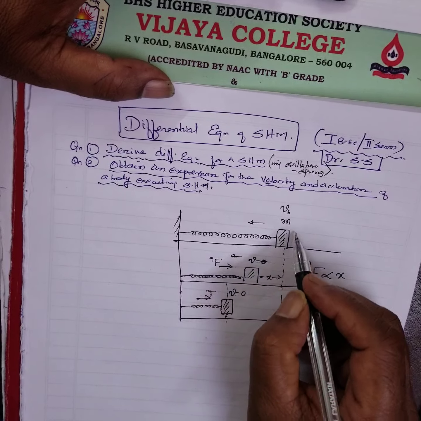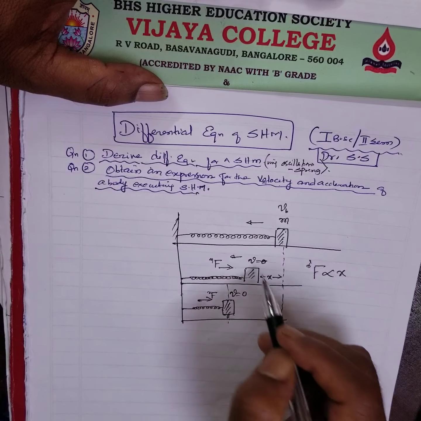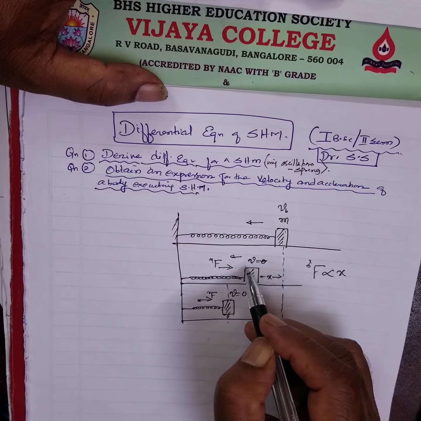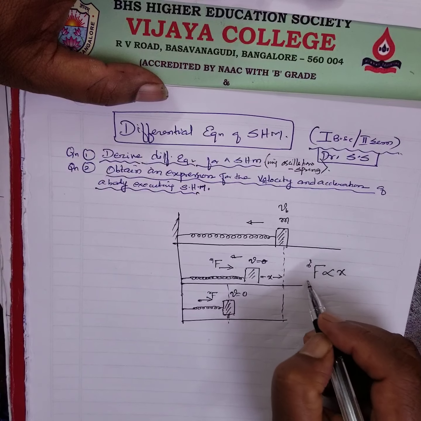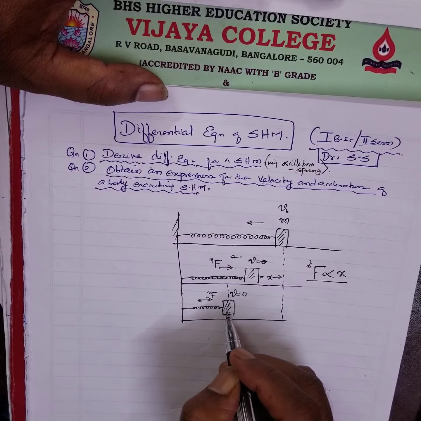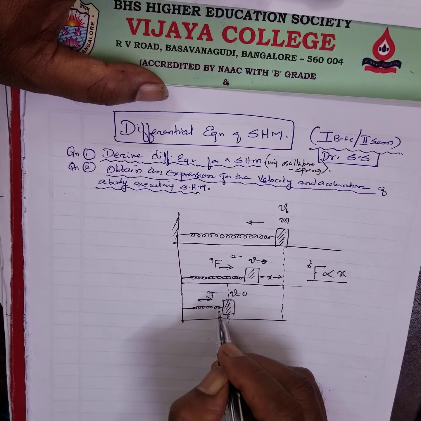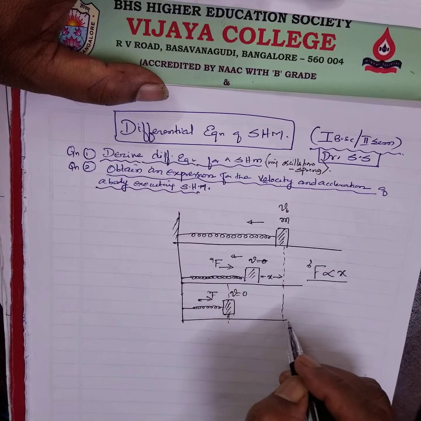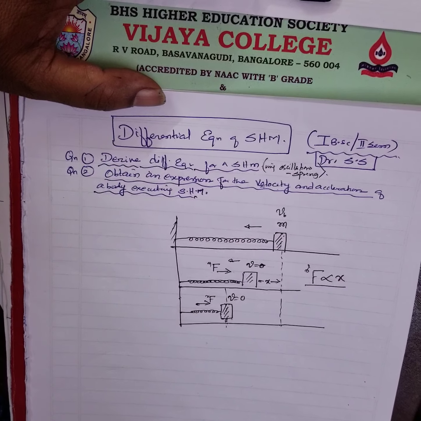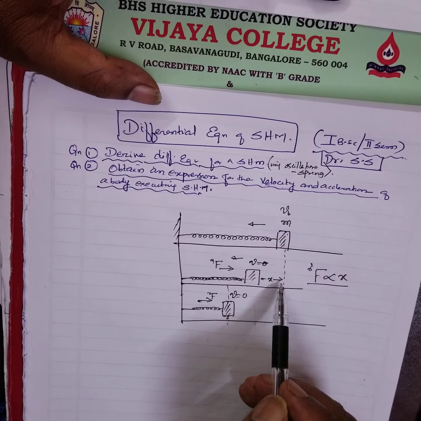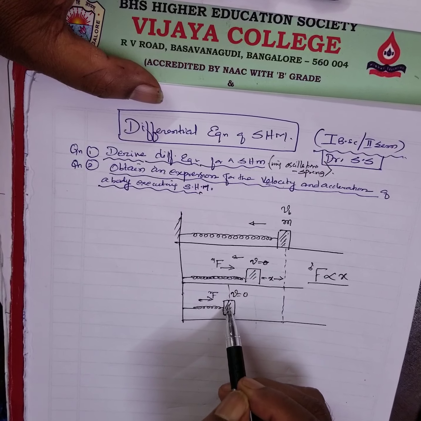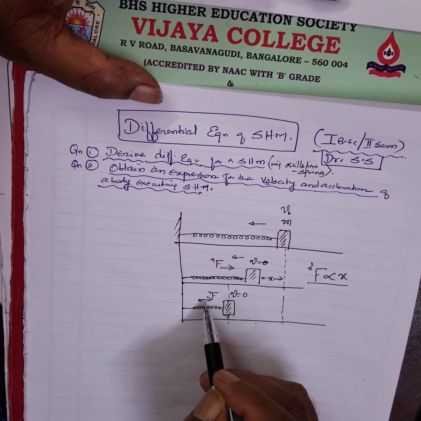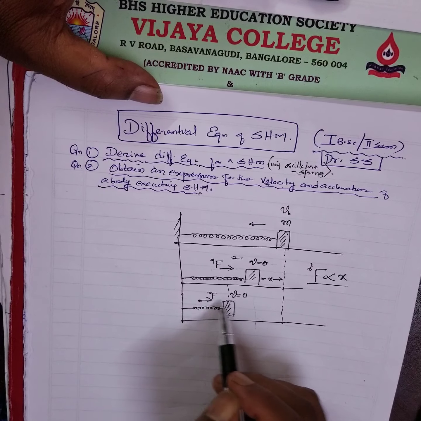This is the mean position. Here v is the velocity at any instant. The velocity gradually decreases and becomes 0. Once it reaches here, the force develops and pushes it back due to inertia. As x increases, the force also increases, and when velocity becomes 0, the force is still working on it.